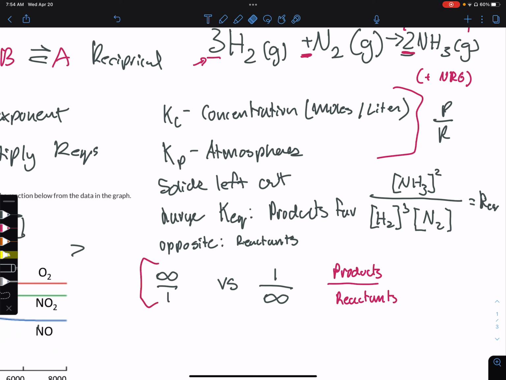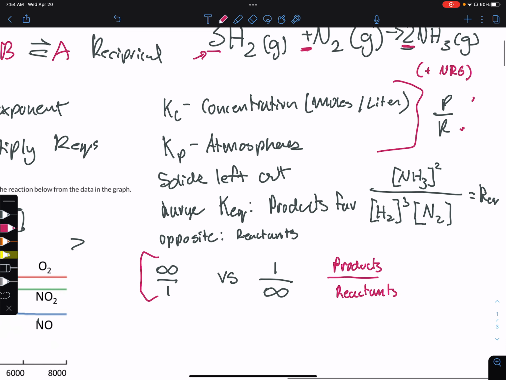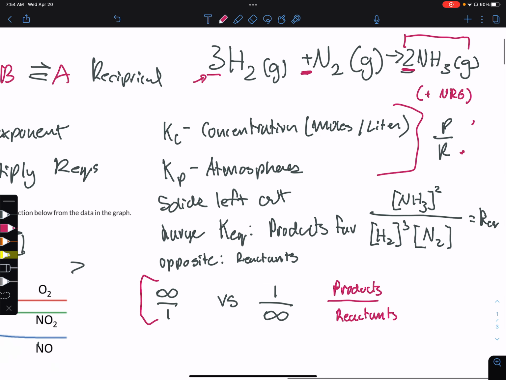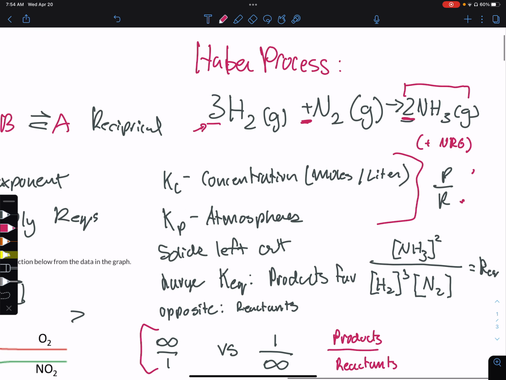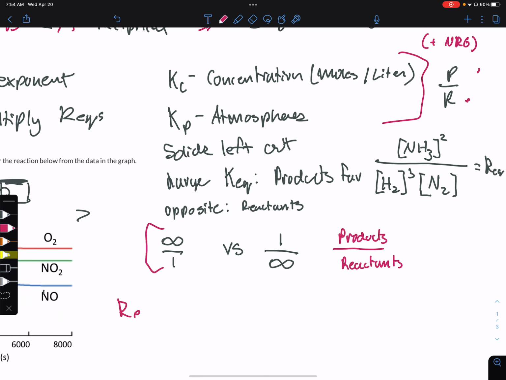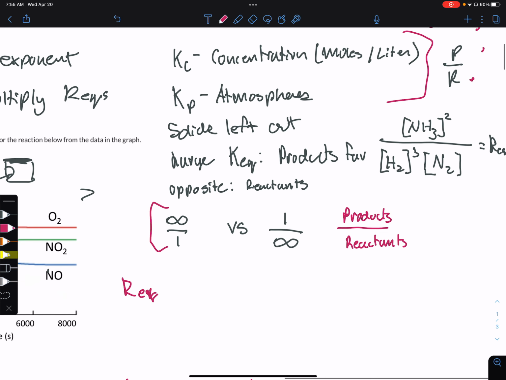When we're talking about products over reactants, whatever given value we get for our KEQ tells us what the reaction is really favoring. And we have large and small values, and this is really relative.